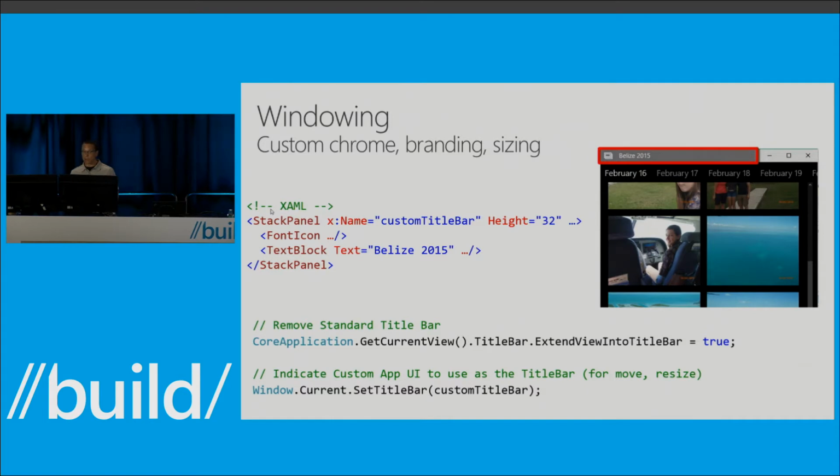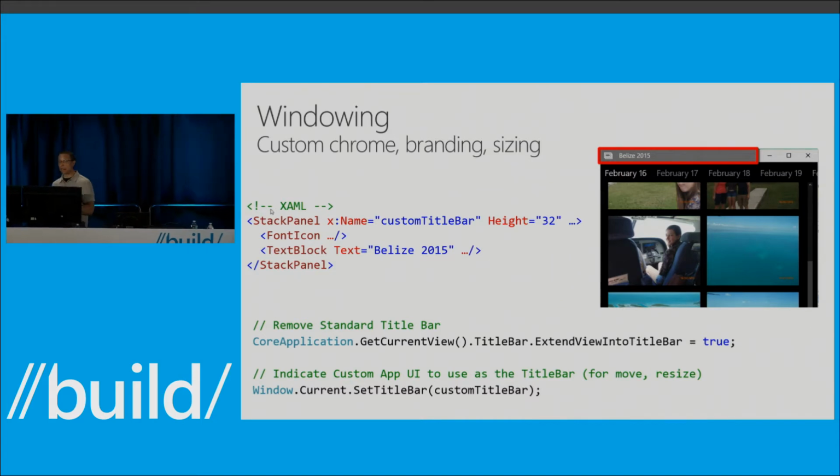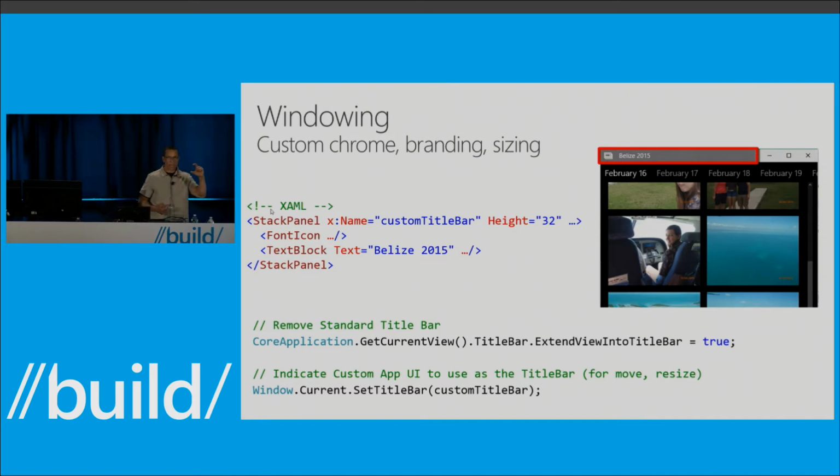But as part of that, you expect now to be able to do custom Chrome. But if you're going to be doing custom Chrome, is there a way we can kick that up? And hey, there is actually a way. It's really easy. First of all, it's easy to do branding on your Chrome. You can now change the background and foreground color. But you can take it a step further. You can define a little XAML snippet in your page, annotate that XAML snippet, and say, hey, please use this XAML as my custom Chrome.